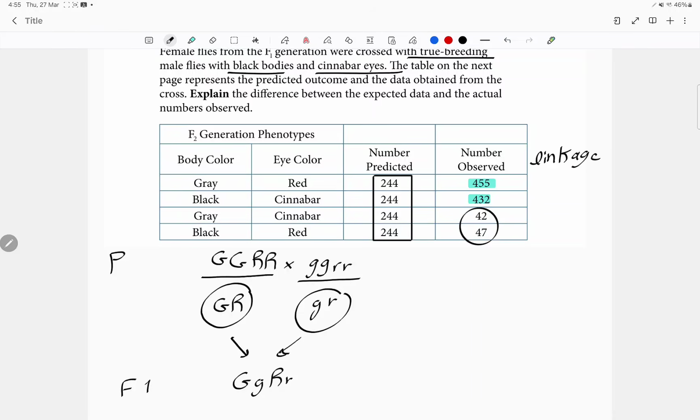Linkage is when the 2 genes are found in the same chromosome. And linkage is responsible for disobeying the law of independent assortment. Okay.